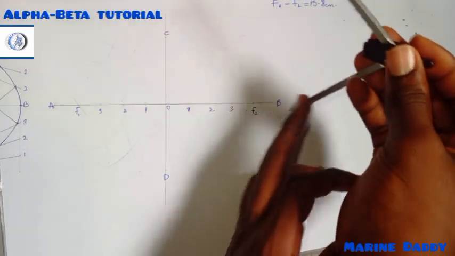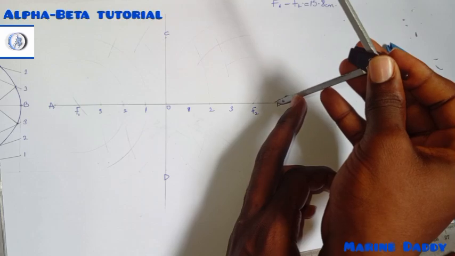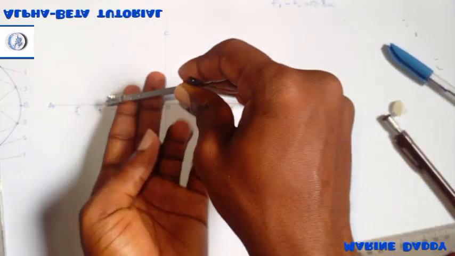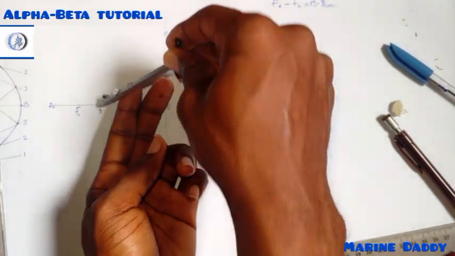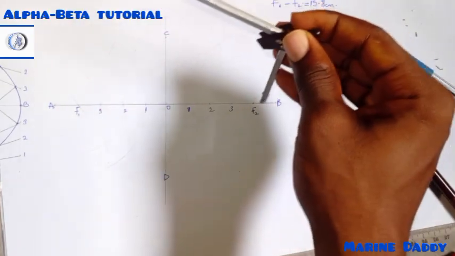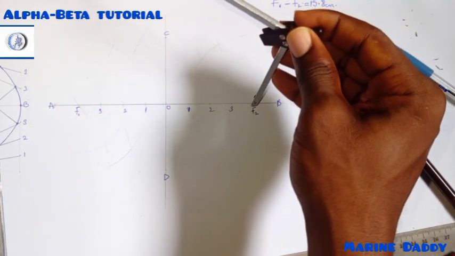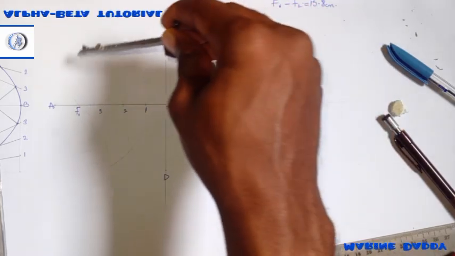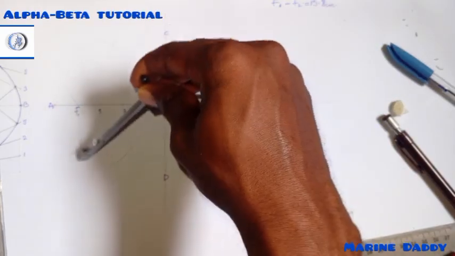Okay. Now you go over to 3. Put it at F to capture the 3.